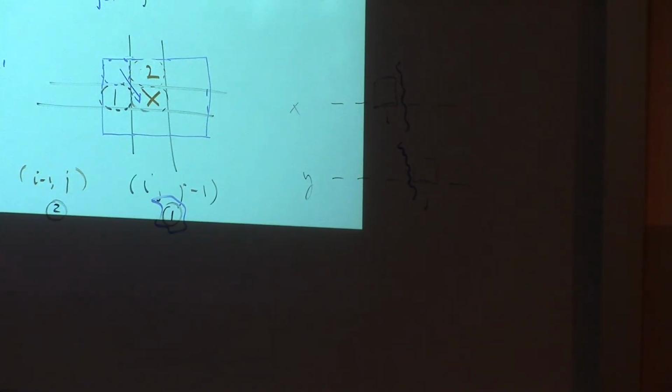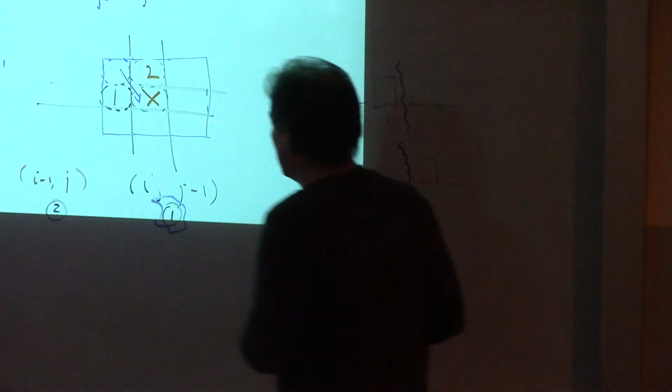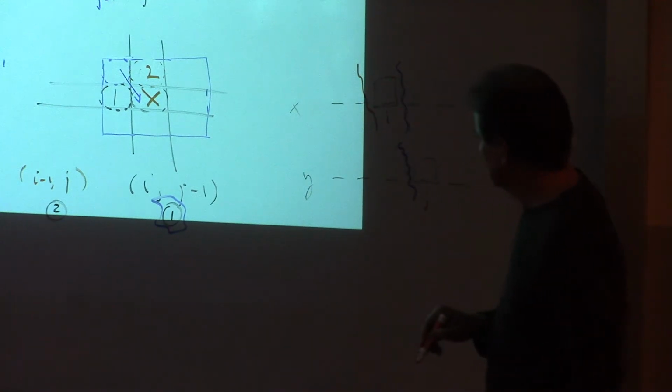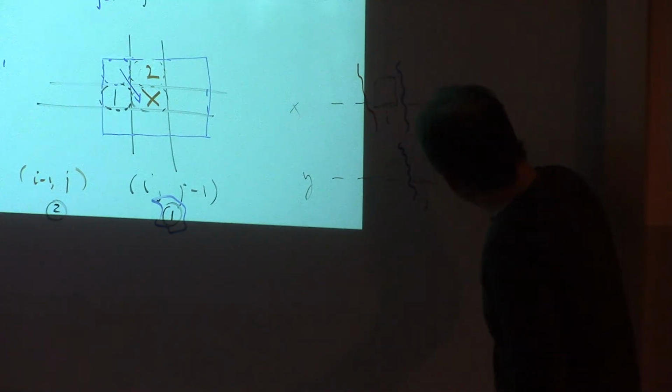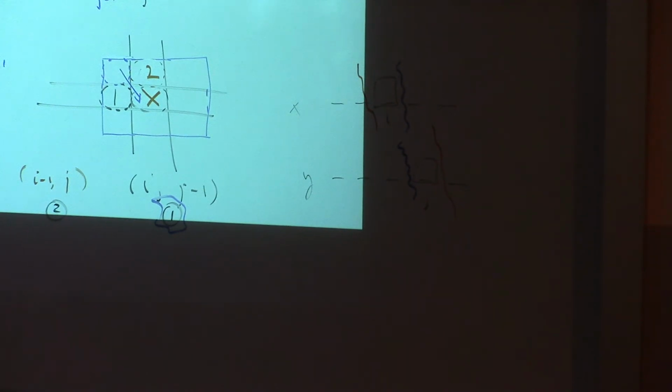Now this one is talking about I minus 1, which means we're talking about this, but then we're talking about that. So simultaneously, the blue substrings have to have an LCS of 1, and the yellow substrings have to have an LCS of 2. Is that possible?